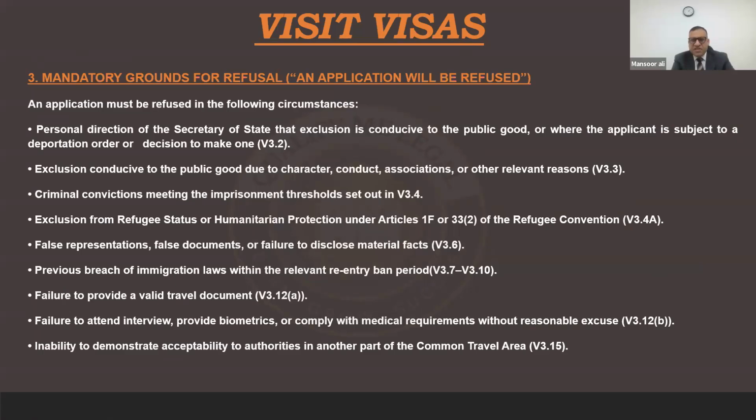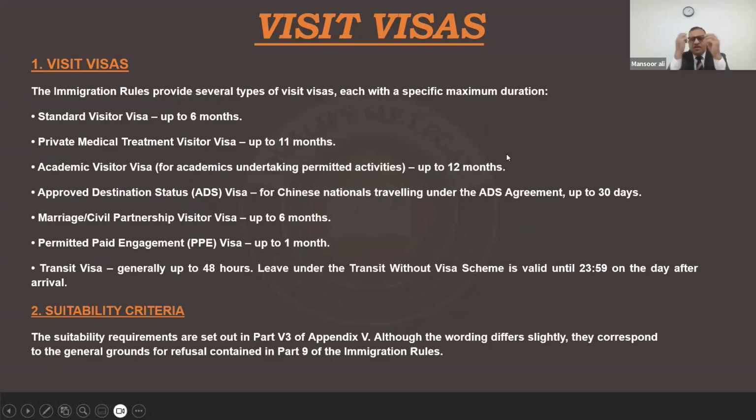For instance, a visit visa for the purpose of a standard visitor, for giving a medical exam, for exploring business activities, for transit purposes, or for private medical treatment. So these are different categories of visit visas. Let me explain that.